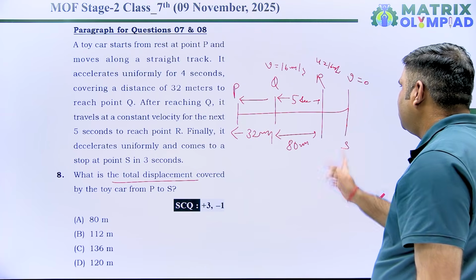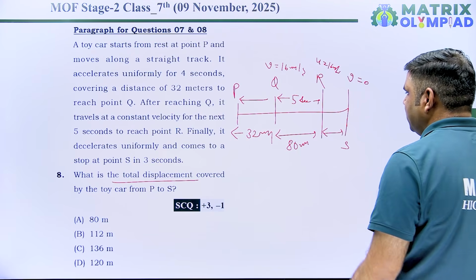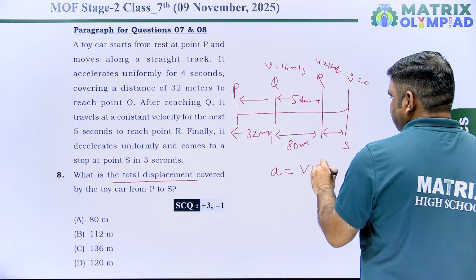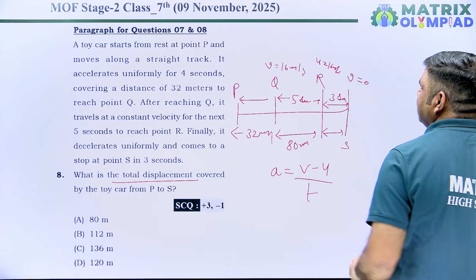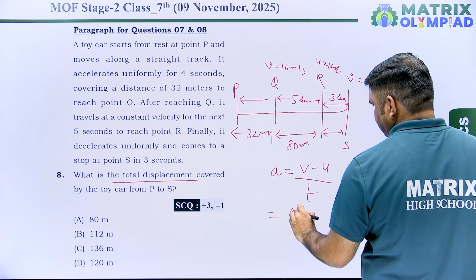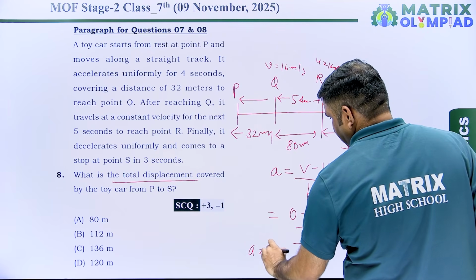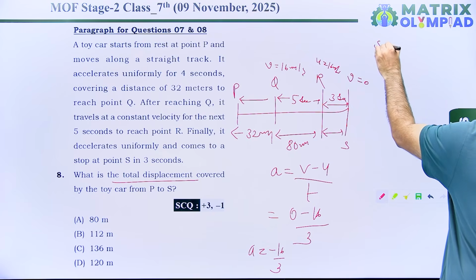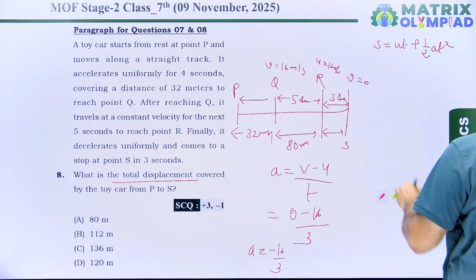Now from interval R to S, we have to calculate the displacement. So first we are going to calculate a. So a is v minus u by t. Here the time interval is 3 seconds. So v is 0, u is 16, divided by 3. So a will be minus 16 by 3. Now we have to calculate s. So s equal to ut plus half a t square.